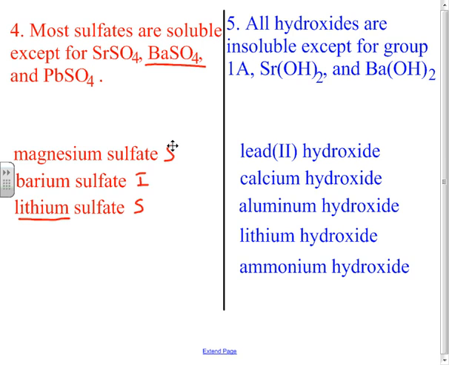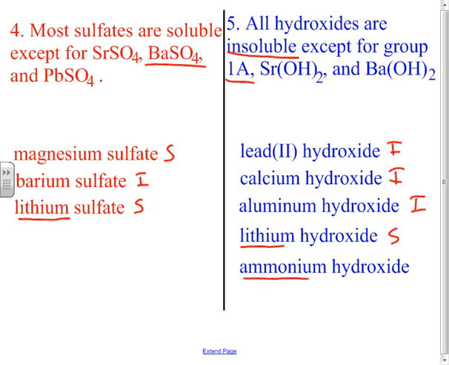When you get to Rule 5, now it's describing things that are insoluble, that is, will form a precipitate or not dissociate in solution. And so all of these are going to be insoluble except for lithium hydroxide, because that is a group 1A hydroxide.